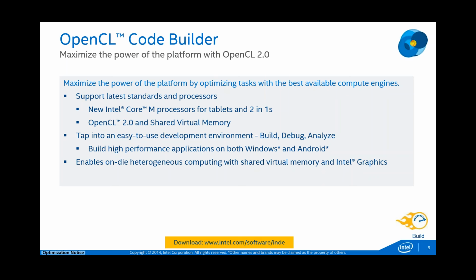So you can use OpenCL whether you're creating Windows apps or even Android apps. And you can even take advantage of the latest architectures, like the Intel Core M processors or the Intel 5th generation Core processors; we are ready with OpenCL. So OpenCL can take advantage and build seamlessly on the Core M processors.